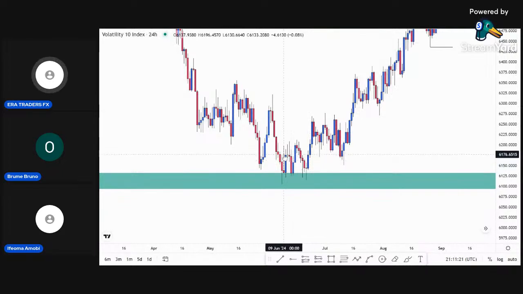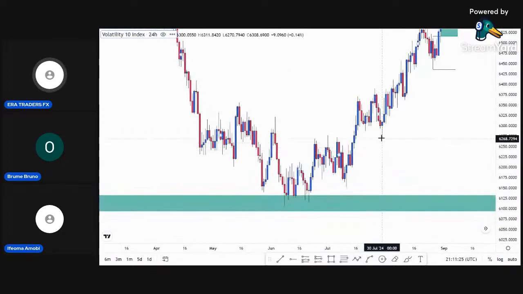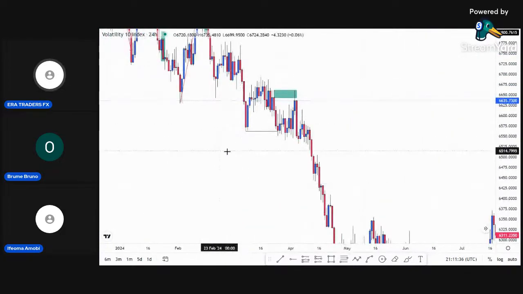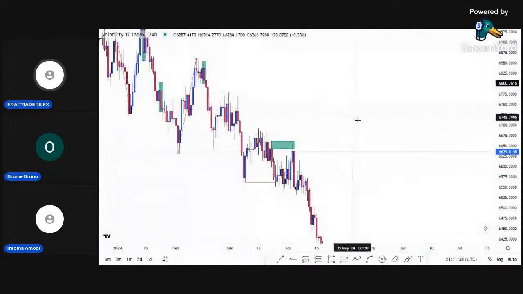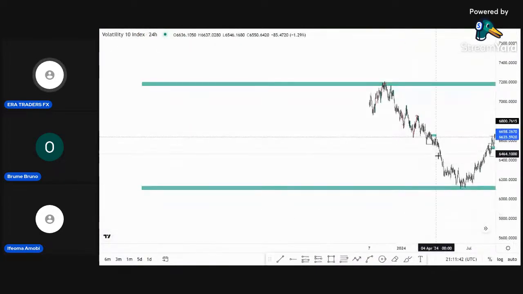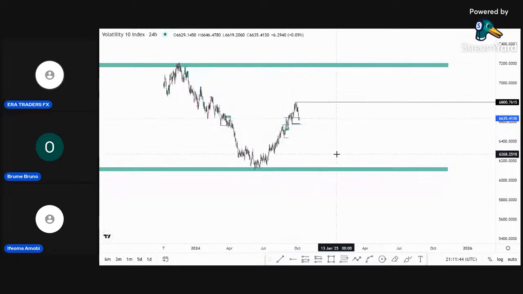You see this one engulf this one, this one engulf this one. This candle here is a pin bar. So there are a lot of candlesticks, some bigger, some smaller. Now, what I want to talk about is what we call support and resistance.